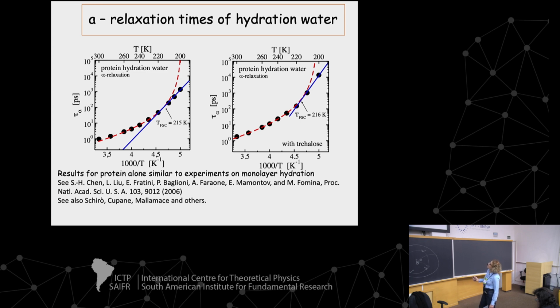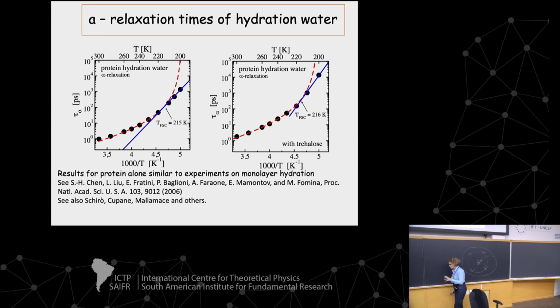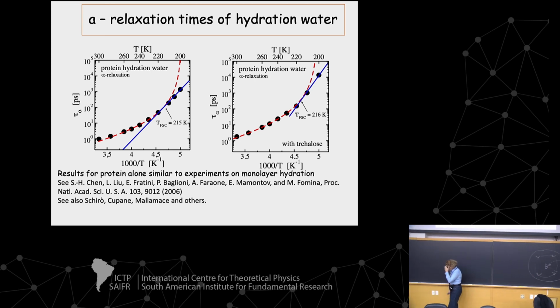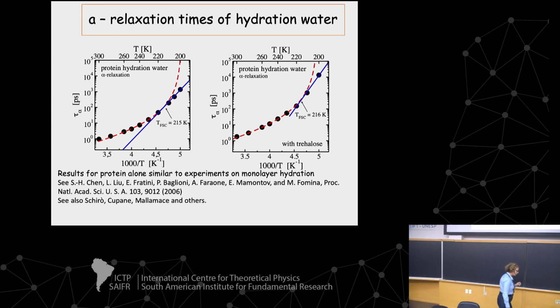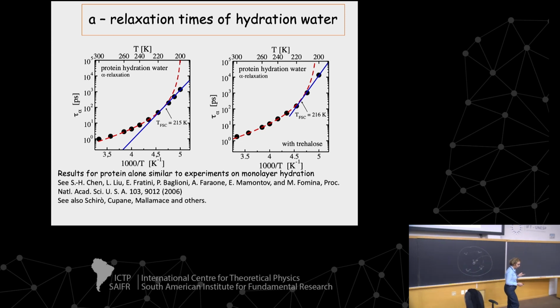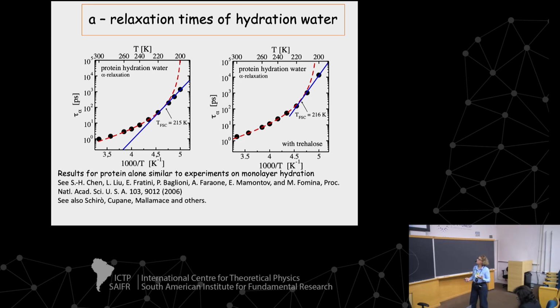You see, the taus are only slightly higher. The fragile to strong crossover happens only 1 degree above. So as far as the glassy behavior is concerned, it seems that water is not behaving so differently with respect to the bulk, close to the surface of the protein. But we have this important extra relaxation that is slowing down water a lot.